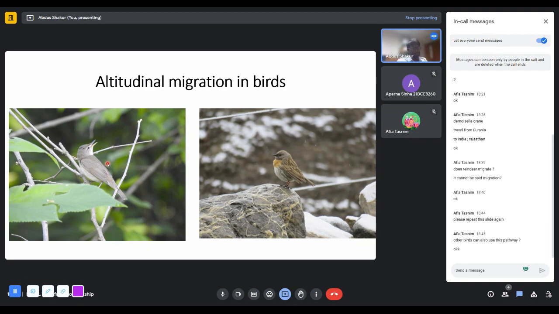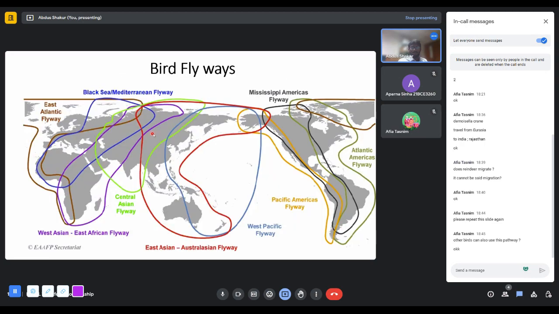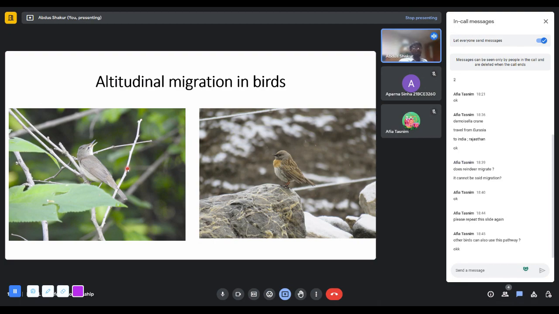It chooses the Central Asian flyway and then comes into the Indian subcontinent. While this bird, the robin accentor, breeds high up in the Himalayas and then comes down to lower elevations in the winter, when food gets scarce or the temperatures become too low for it to handle, it moves down the elevation into lower elevation regions.